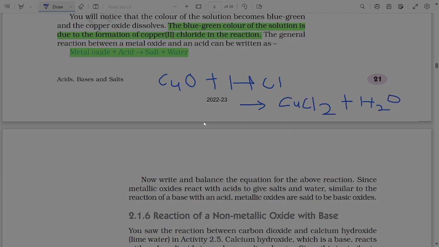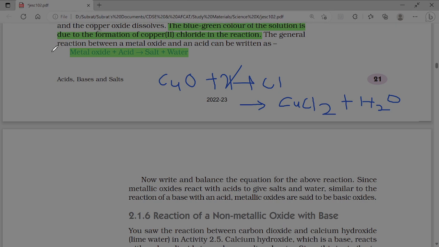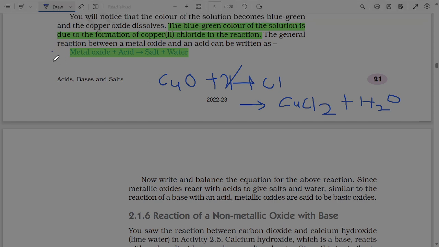So now let us balance the reaction. Copper 1 here, copper 1; oxygen here 1. Hydrogen is 2, so we add 2 to the HCl, and we get chloride as 2.